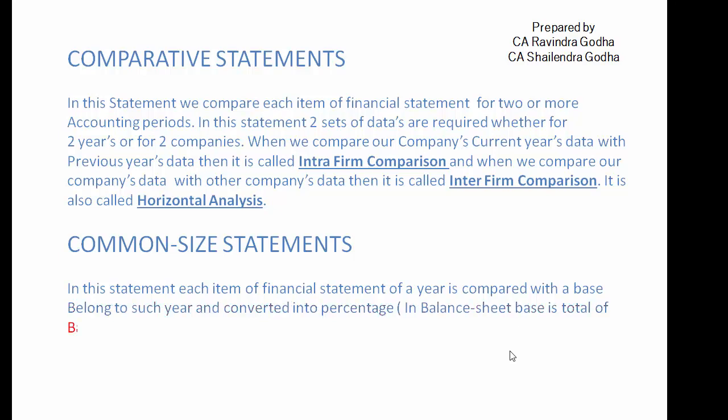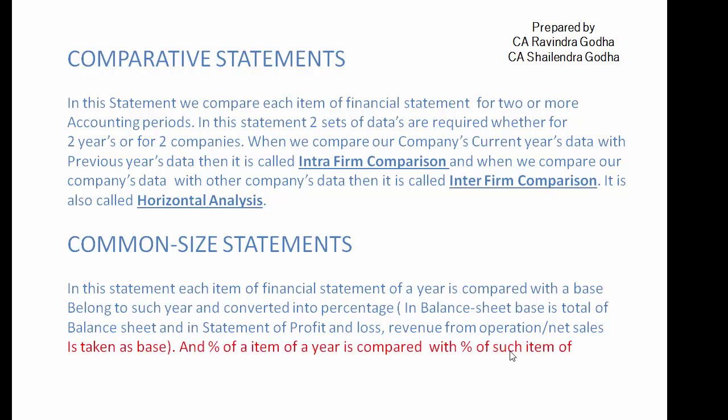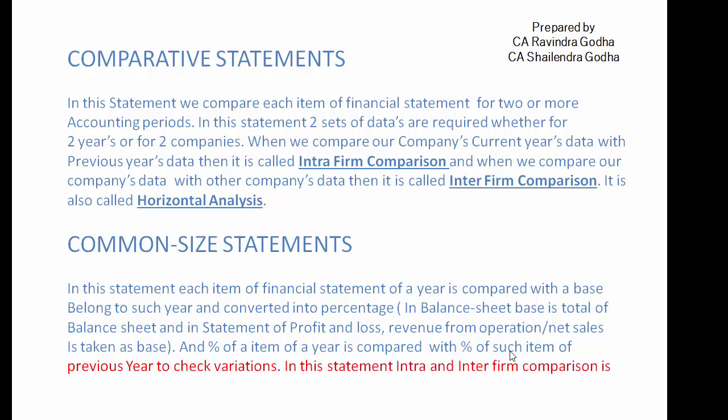In the balance sheet, the base is the total of the balance sheet, and in the statement of profit and loss, revenue from operations or net sales is taken as the base. The percentage of an item in a year is compared with the percentage of that item in the previous year to check variations. In this statement, inter-firm and intra-firm comparison is possible. It is also called vertical analysis.